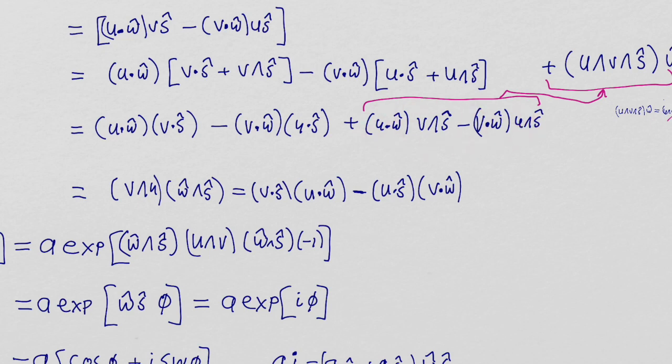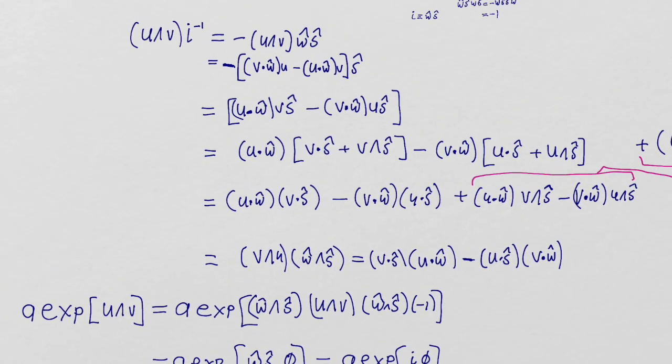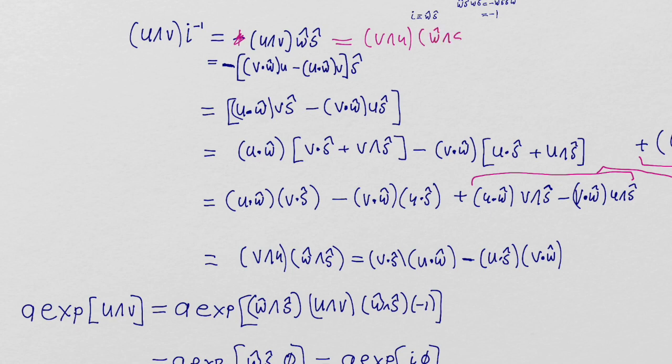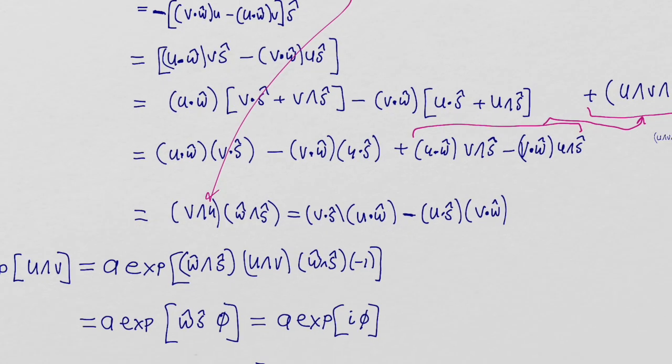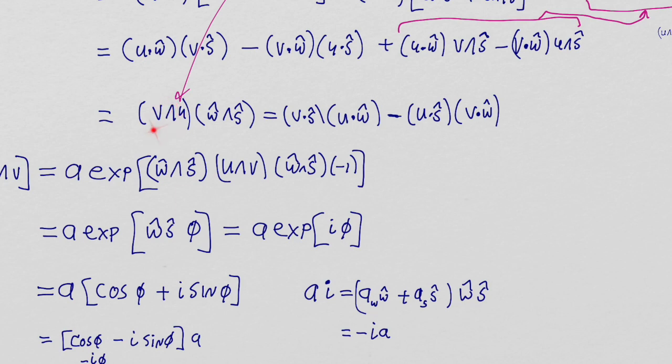So that means this product we're trying to calculate can actually be written as V wedge U, flip them around to get rid of that minus sign, and W hat wedge S hat, because the geometric product of orthogonal vectors is simply its wedge product. So I put that right down here, and now we see that V wedge U, W hat wedge S hat is this thing right here.